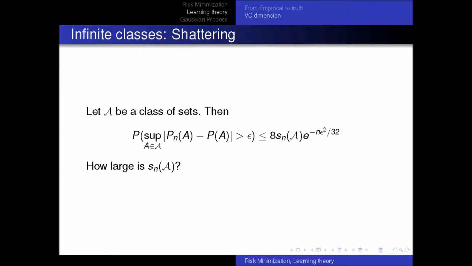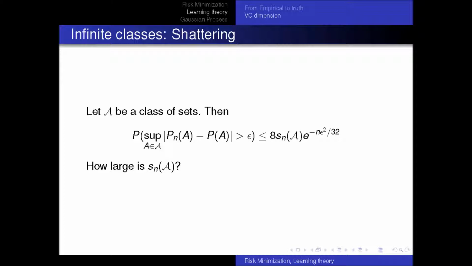So for any n less than or equal to D, S_n(A) equals 2 to the n. For n bigger than D, S_n(A) is less than or equal to 2 to the n. But this is not enough, because 2 to the n is still exponentially increasing. So for n bigger than D, we still want to know whether there is a tighter bound than this exponentially increasing thing.